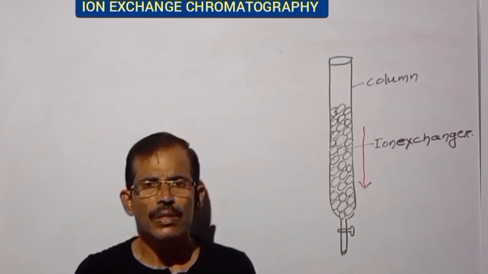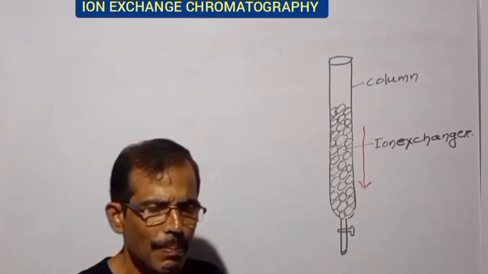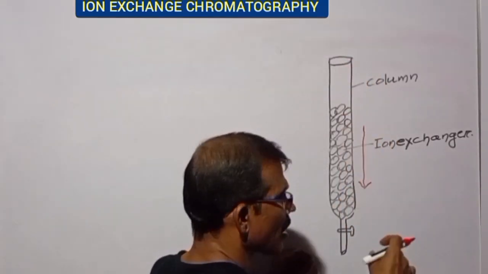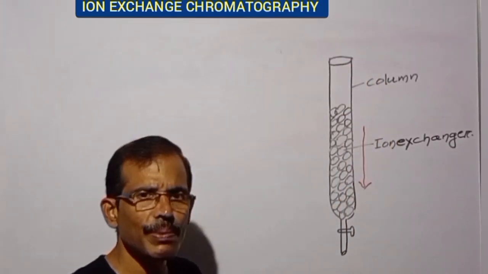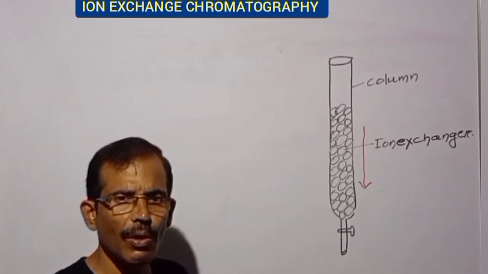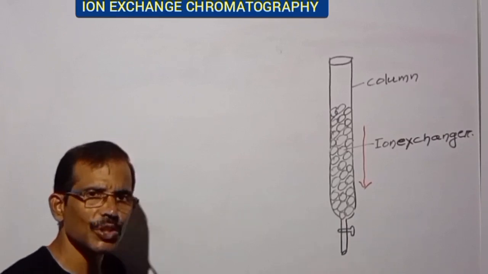In ion exchange chromatography, the sample solution is allowed to percolate through the column for a specific period of time, which is sufficient for the following equilibrium to be achieved.